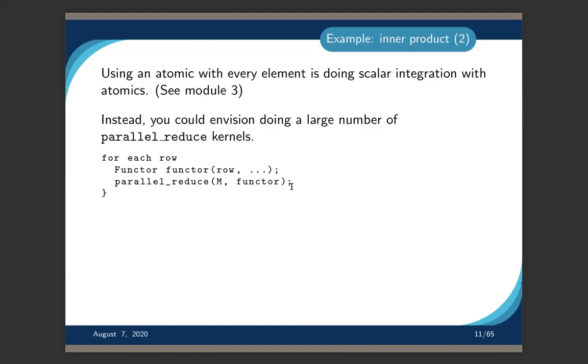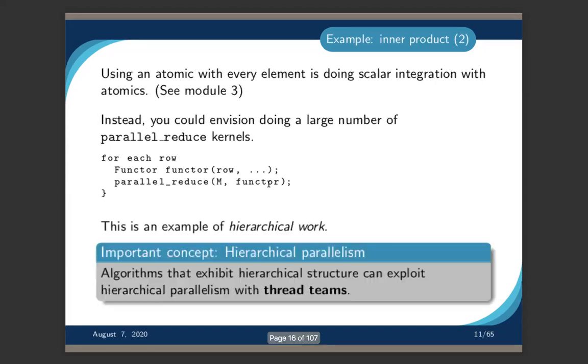Now, one thing you could envision this kernel to look like, before we started parallelizing anything, is that for each row we did a reduction. We do a dot product for every single row. So you could have written it as a for loop over rows and then a parallel reduction on the innermost loop.